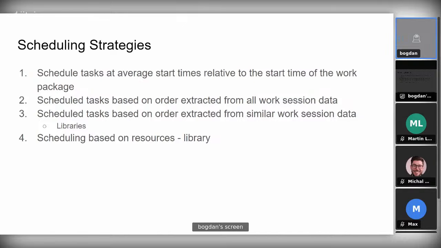So we take all the tasks from the work package, and we calculate the average start time for each of these tasks from history, and that's the schedule. The average start time is obviously calculated with relative times, and then it is scaled to the actual scheduled start and end for the planned work package.